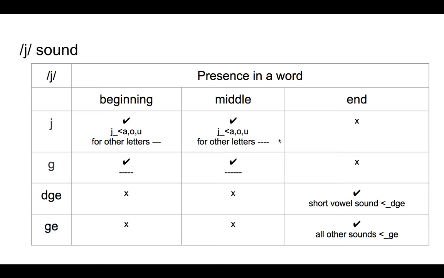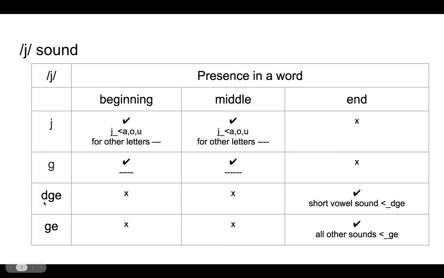So the same applies when the J sound comes in the middle of a word. The letter J never comes at the end of a word, whereas for the letter G, we do not have any specific rule, but we could say that it never comes at the end of a word for the J sound.